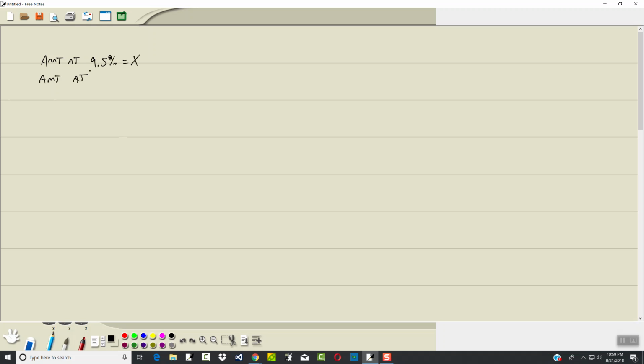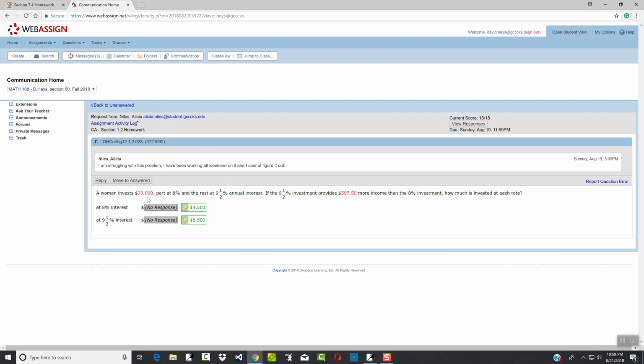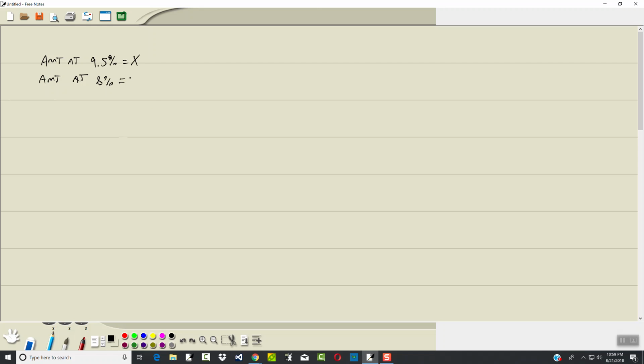And then our amount at the 8%, if my total amount is 33,000, then this will have to be 33,000 minus x. For example, if I put 10,000 in here, well, 33,000 minus 10,000 means I put 23,000 here. So that's why there has to be the setup like this.